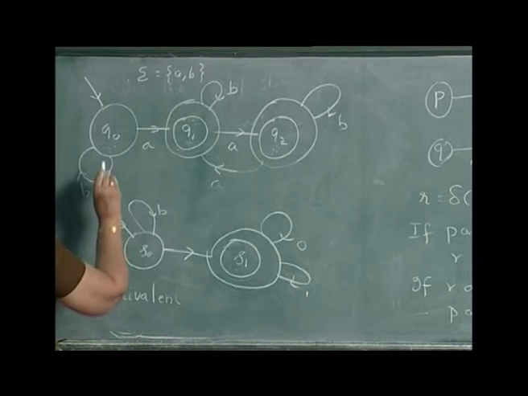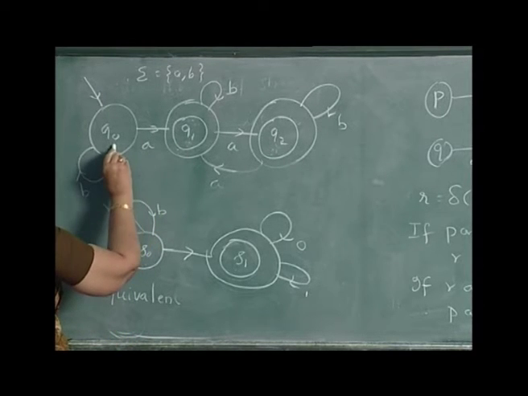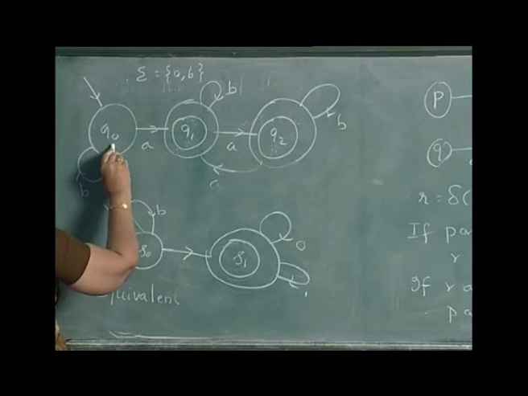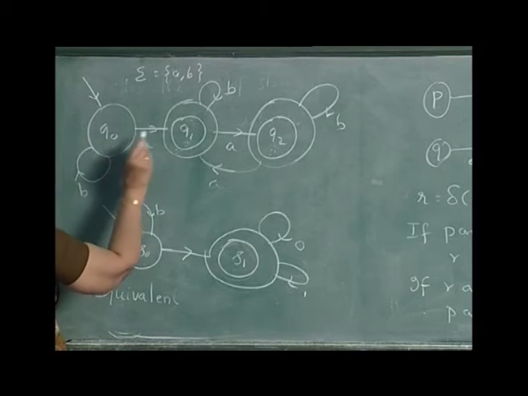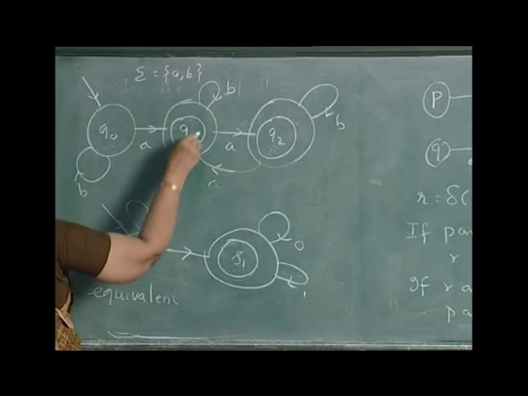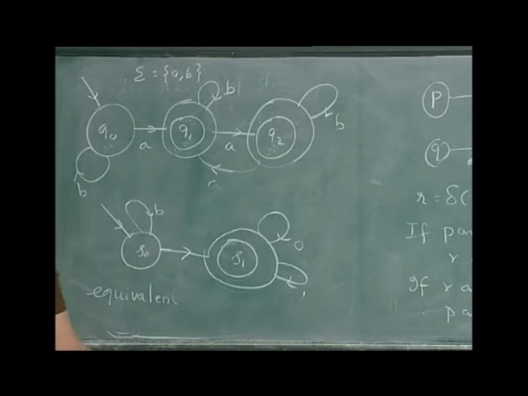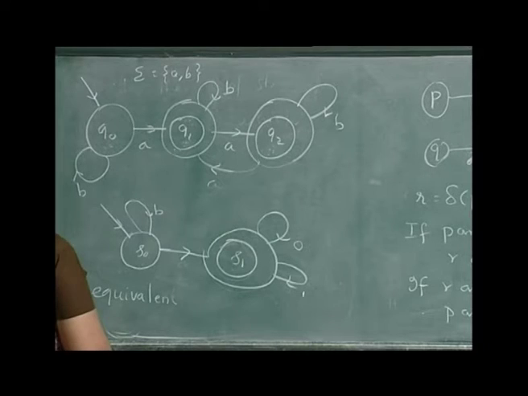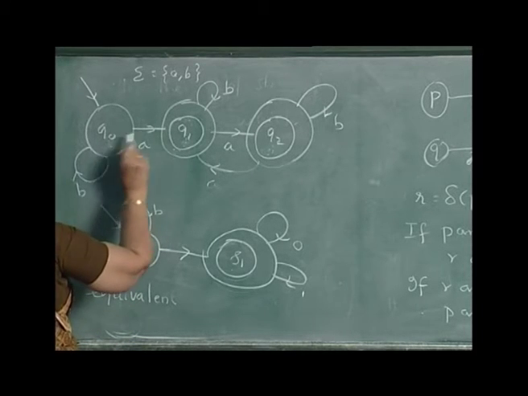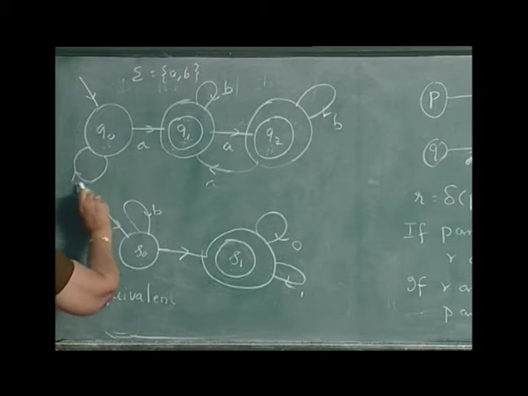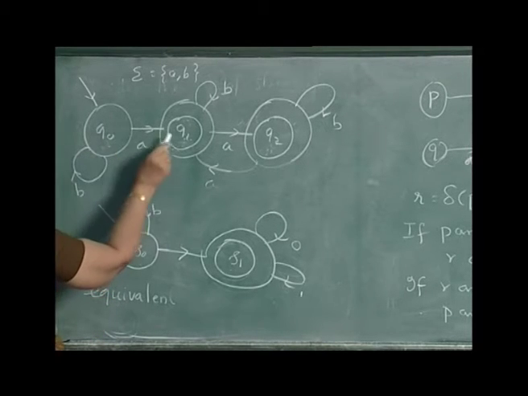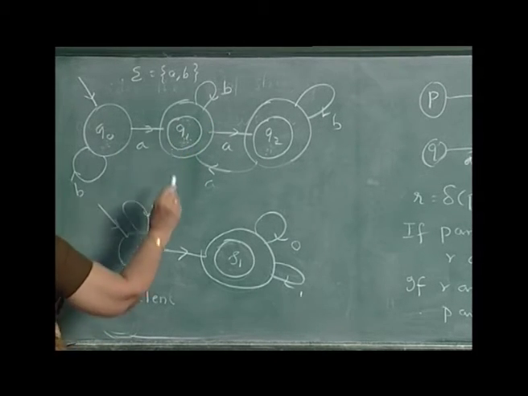Whereas, take Q0 and Q1, if you take B, starting from Q0 you go to Q0, starting from Q1 you go to Q1, one is a final state, another is a non-final state. So, these two are distinguishable and the distinguishing string is B. B alone will take you to a non-final state here, it will take you to a final state here.